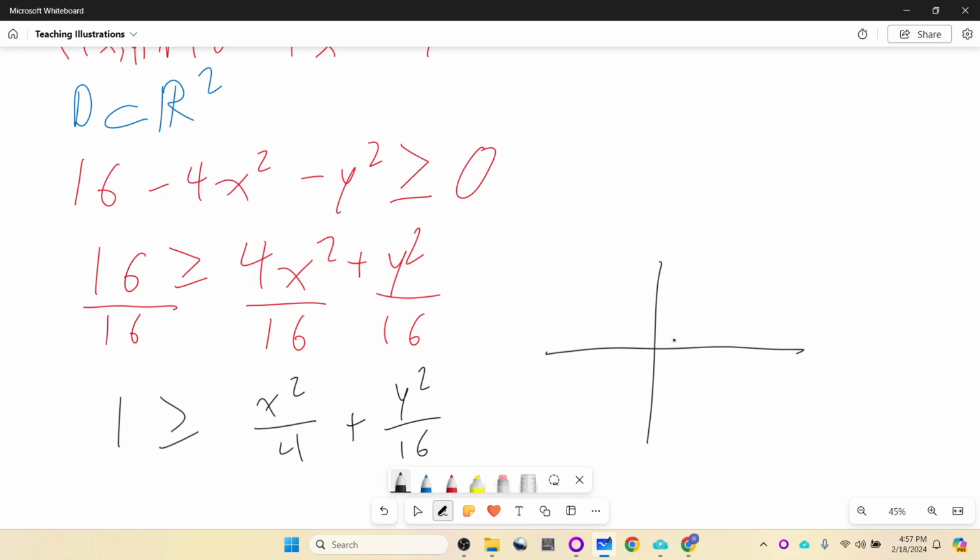So x goes out to square root of 4, which is 2, and out to negative 2. Y goes up to square root of 16, which is 4. So 0, 4, 0, negative 4.